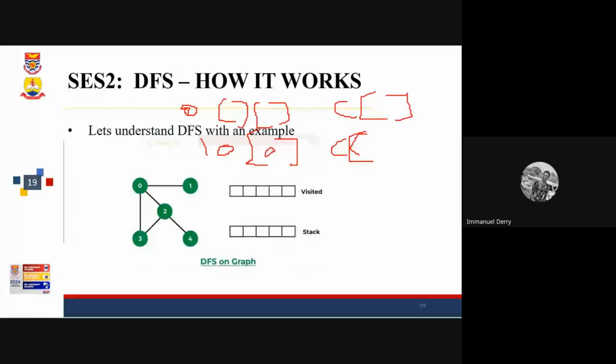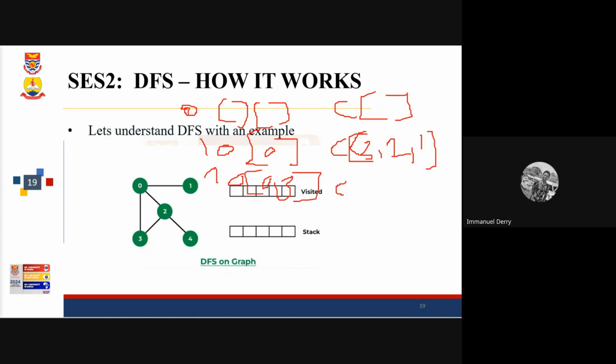So we have 3, then 2, and then 1 over here. And then the second step, the open is going to be 0, 3.